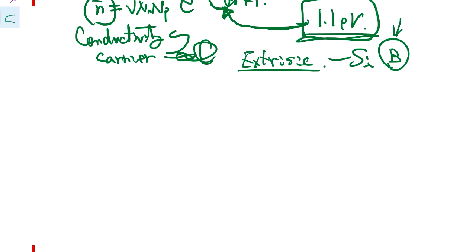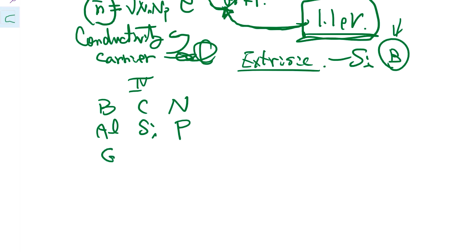You look at the periodic table: boron, carbon, right here in the middle, and aluminum, silicon, and phosphorus, and gallium, germanium, and arsenide.